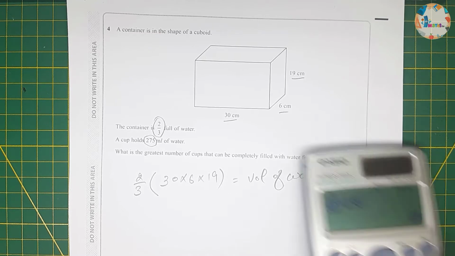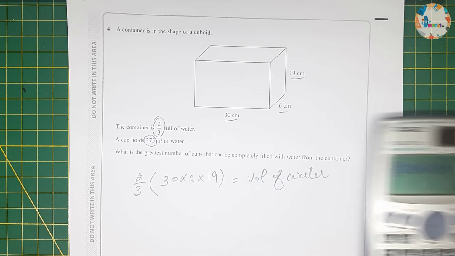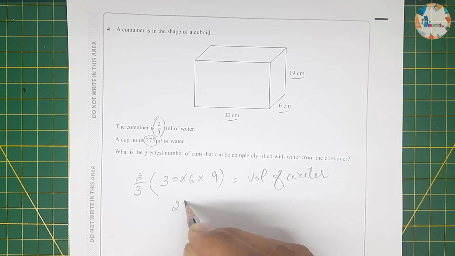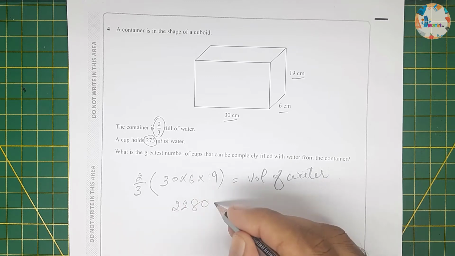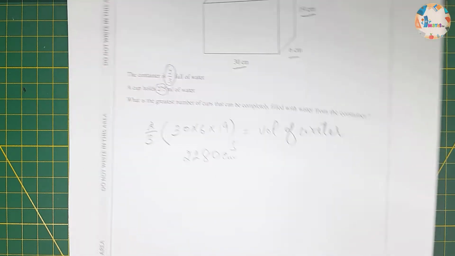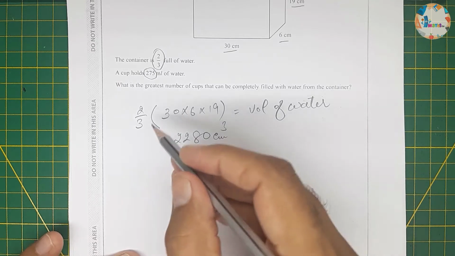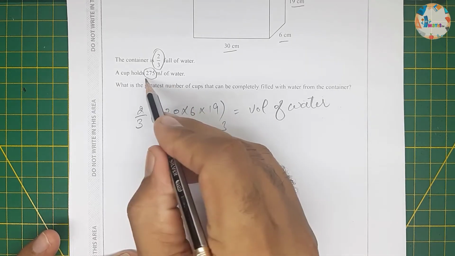So we can calculate this: 2 divided by 3 times 30 × 6 × 19, and this will give us 2280 cm³. So cm³ is basically the amount of water, and we know 1 cm³ is equal to 1 milliliter.